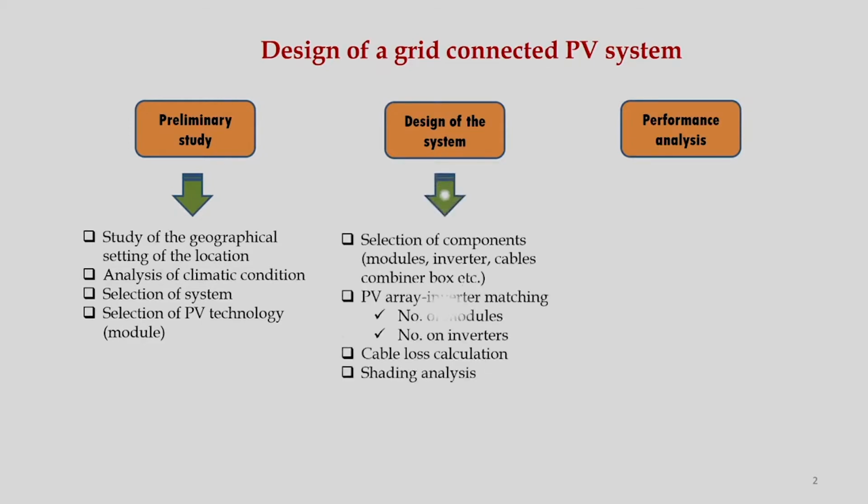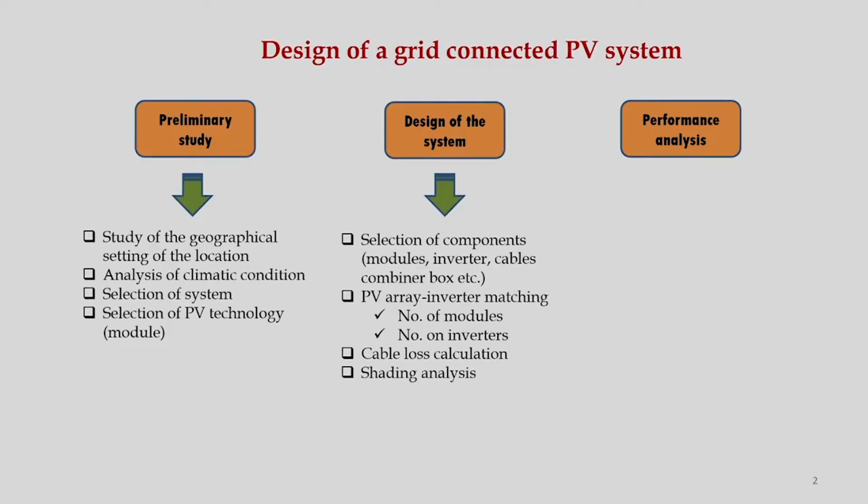Under design of the system, primarily it includes selection of components like modules, inverters, cables, combiner box, and others. PV array inverter matching is very crucial for the design of a grid connected PV system. You have to match the output of the PV module and the input of the inverter.